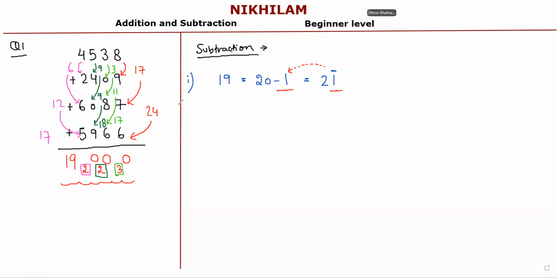Second example, let's say you have 36. 36 is what? 40 minus 4. You have to write every number in such a format that it is pronounced as a way of subtraction. That you have to write 36 in the format where you are writing a negative number.